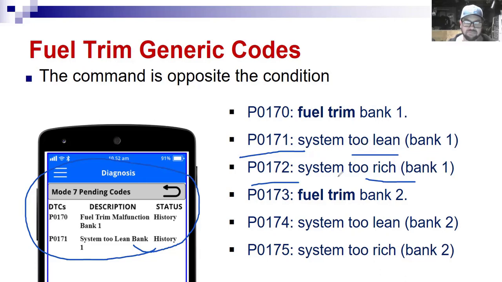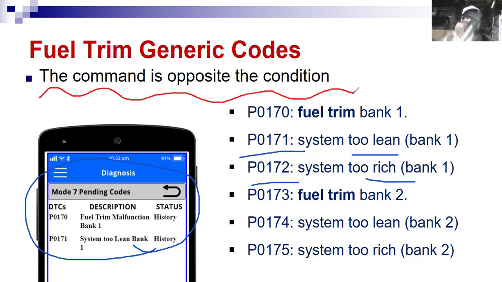And with that, I want to point out that the command is always opposite the condition. In fact, a couple weeks ago, in our last class, we talked about oxygen sensors, and how they go rich, lean. Lean is low here.